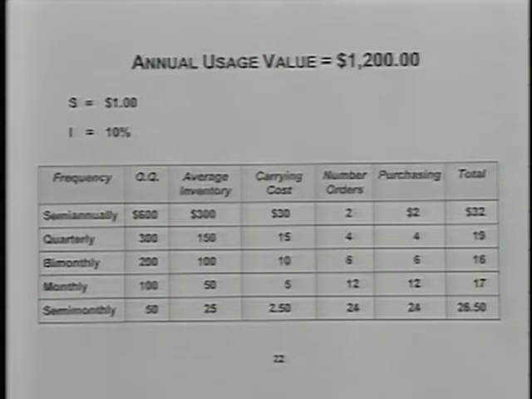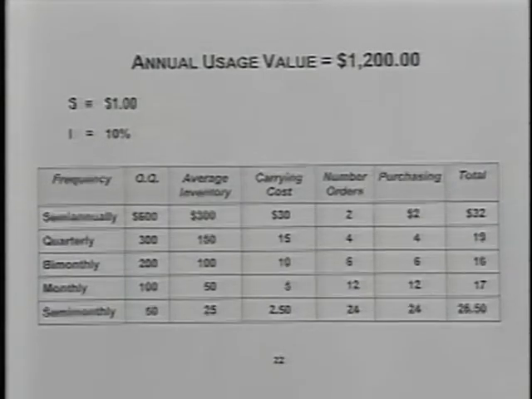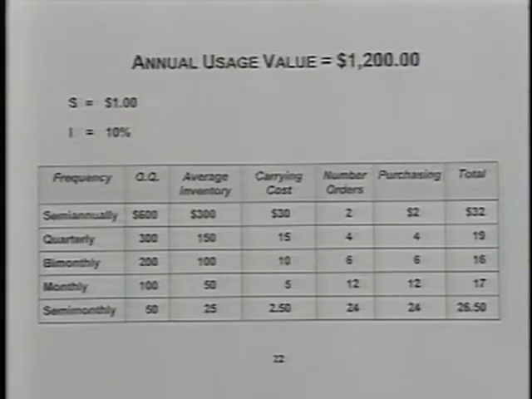So 2 into 1,200 is $600, and 4 into 1,200 is $300, and so on. So the second column from the left is the order quantity column based upon those 5 individual frequencies. Now, average inventory is equal to 1/2 the order quantity.